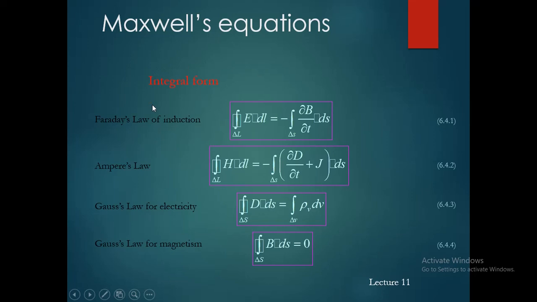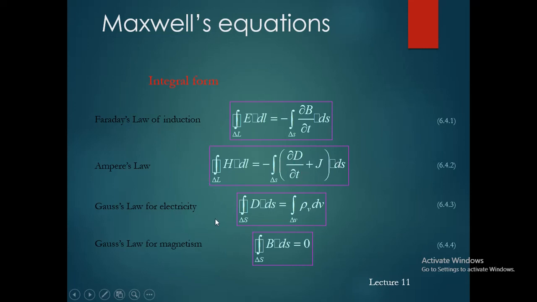And if we write the same equations in the integral form, Faraday's law, the line integral of E dot dl is equal to minus the surface integral of dou B by dou t dot ds. And Ampere's law, the line integral of H dot dl is equal to the surface integral of dou D by dou t plus J dot ds.